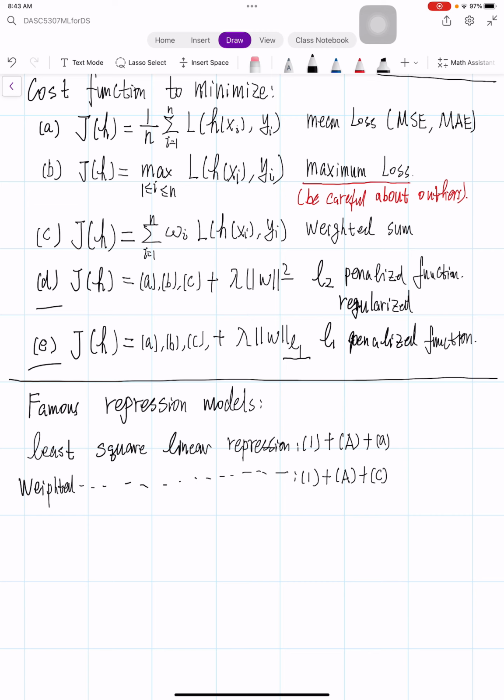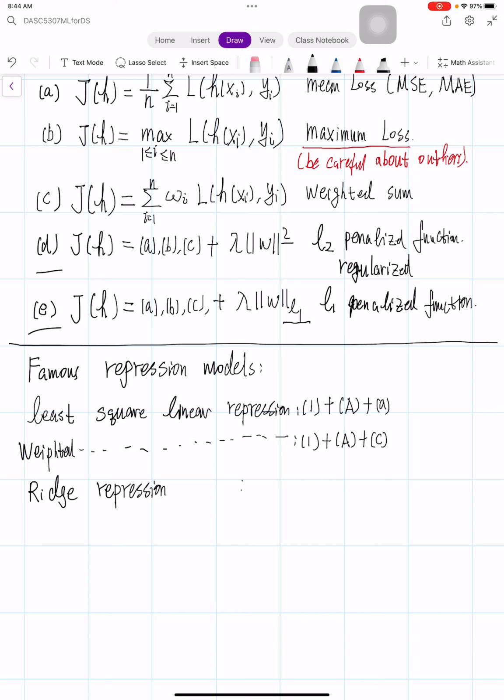Also, we can have the ridge regression. Ridge regression is given by you still pick the linear function form plus the squared error loss, but instead of the regular mean squared error loss, you consider the penalized loss, which is D. With the square loss, you add an additional penalty.